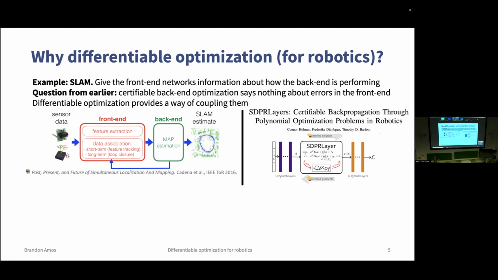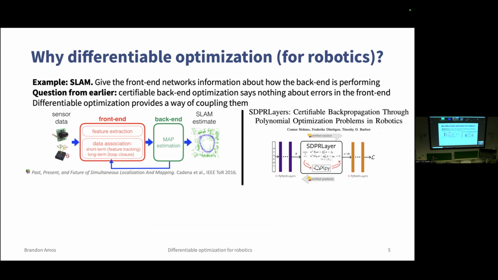Here there's a question of, even if you can certify this back-end optimization process, it doesn't say anything about whatever errors your front-end module could be making. I would say that's in general a very hard topic, and maybe something that differentiable optimization isn't the ultimate solution to.